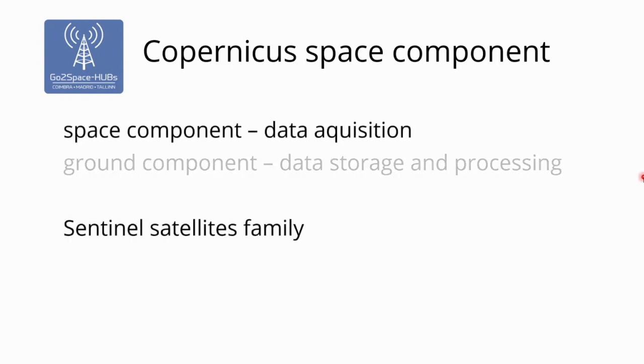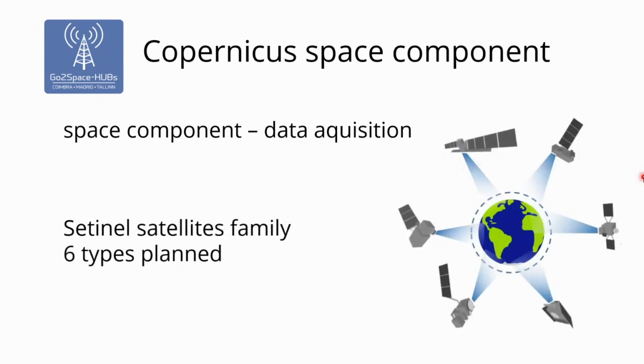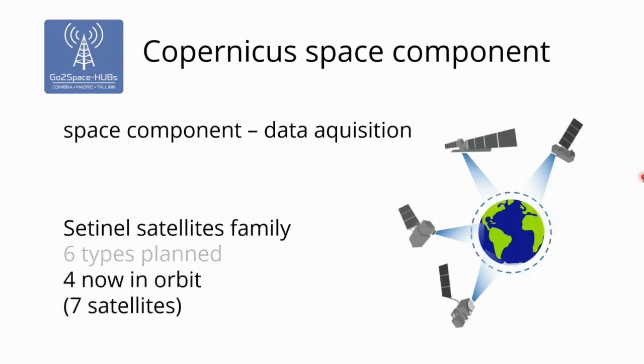The first component is the data acquisition component, the space component. It bases mainly, not only, but mainly on the Sentinel satellites family. There are 6 types of Sentinel satellites planned for now. 4 of those types are already in orbit, 7 satellites.